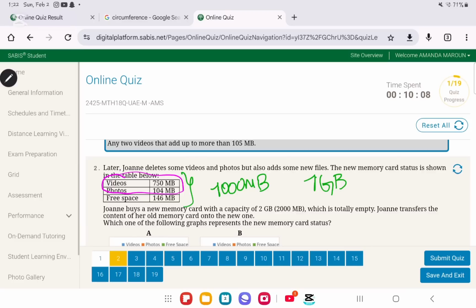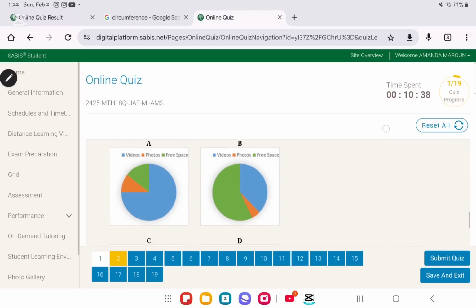So we have 750 megabytes plus 104 megabytes, which is 854 megabytes, divided by the total number of megabytes, which is 2000 megabytes. So 854 divided by 2000 megabytes, it's gonna take like 42.7% in total. So just like in general, in total, it's gonna take 42.7% of the whole sphere.